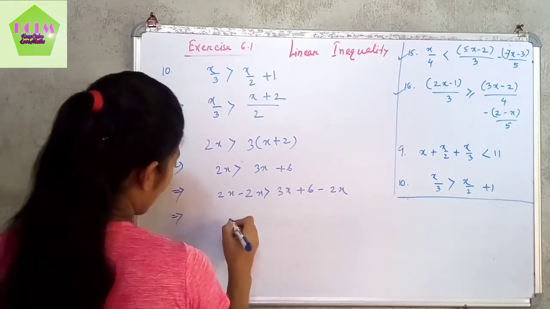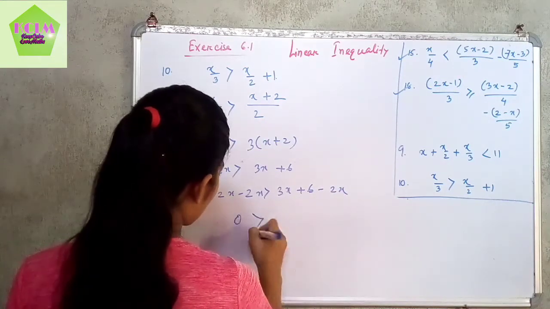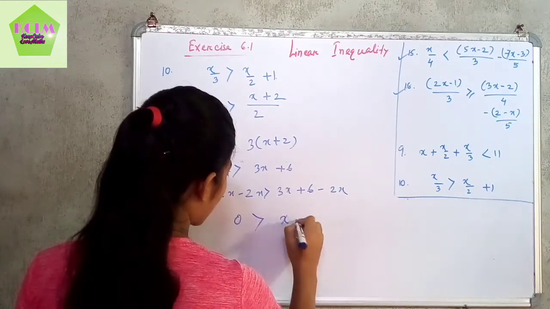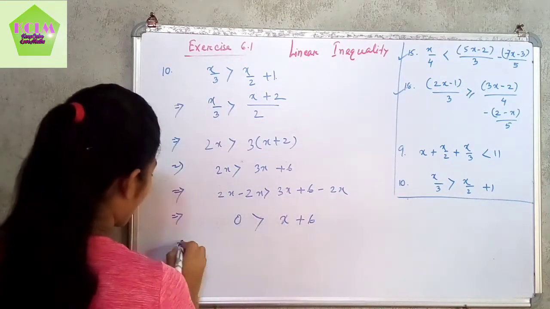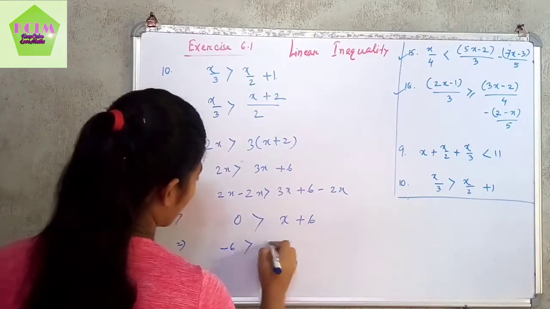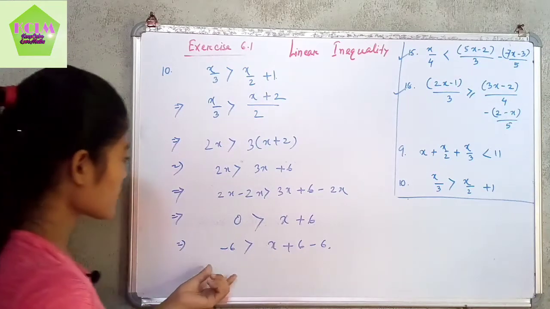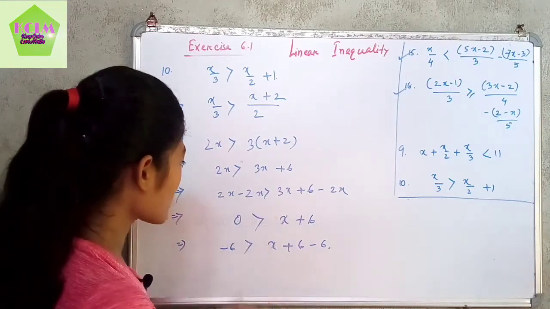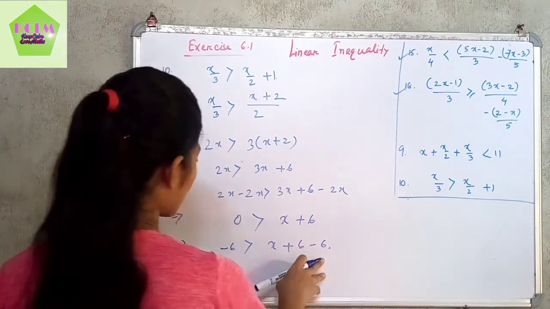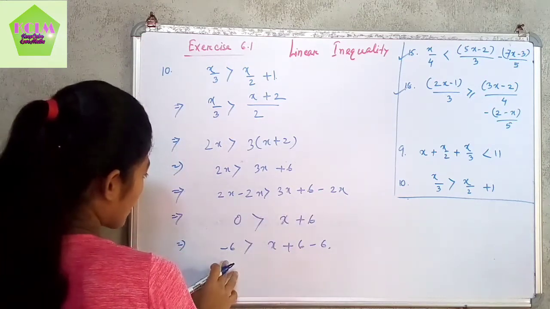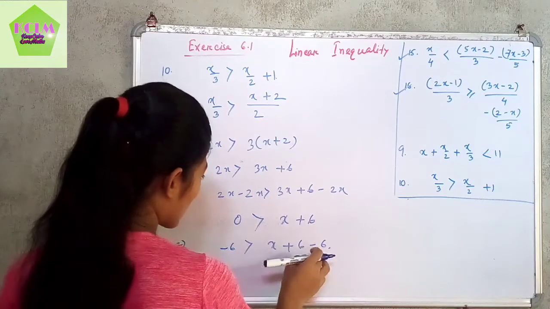That is, 0 is greater than 3x minus 2x becomes x plus 6. I hope this is clear, because on both sides I am subtracting 6 to balance this inequality, and then it becomes minus 6 greater than x plus 6 minus 6.